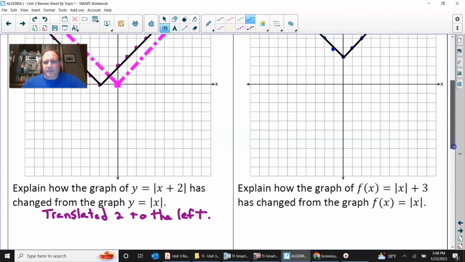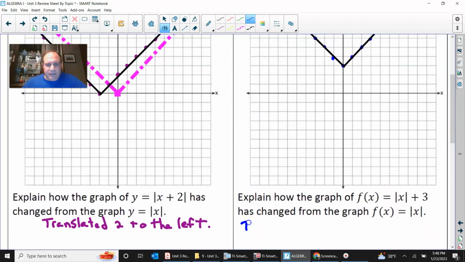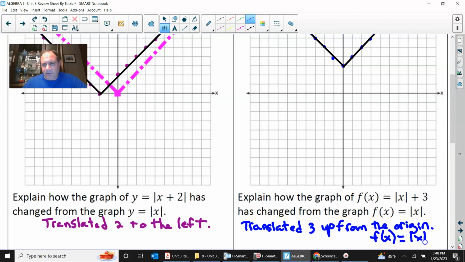And they're going to say, describe the change from the parent function translated three up. And you can put from the origin. f of x equals the absolute value of x, the parent function.